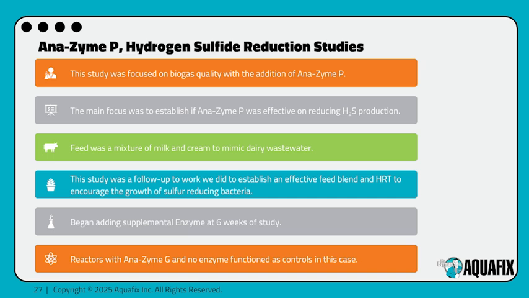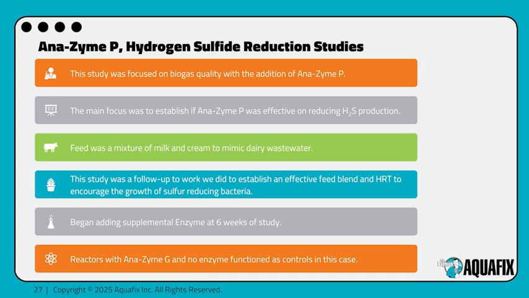So we had a sense of how we wanted to operate this, which was a HRT of 22 days and a feed rate of 40 milliliters of milk with a 1% additional cream addition for each of the feed substrates.